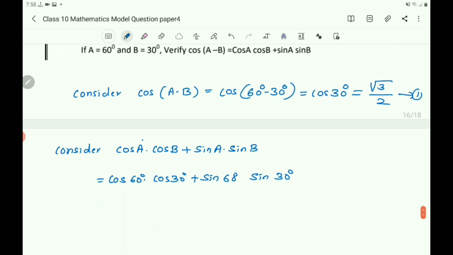In the place of A, write 60 degree, and in the place of B, write 30 degree. Here also in the place of A, write 60 degree, and in the place of B, write 30 degree.